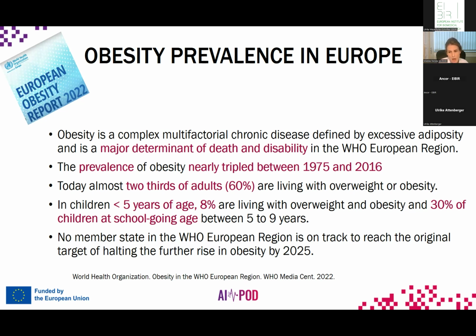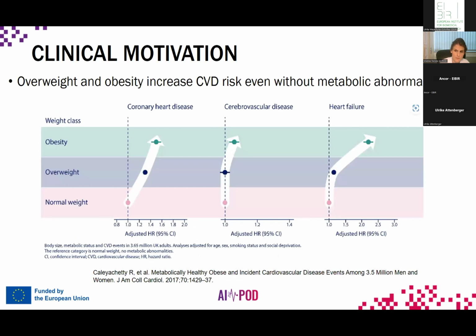But the most alarming, the most warning message of the latest obesity report is that, for the time being, no single member state is in the position to reach the original target, which is to halt the further rise in obesity by 2025.